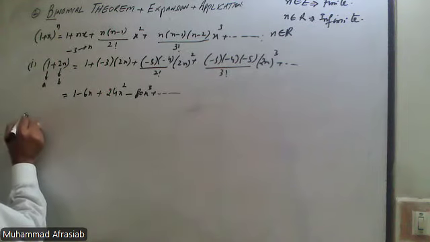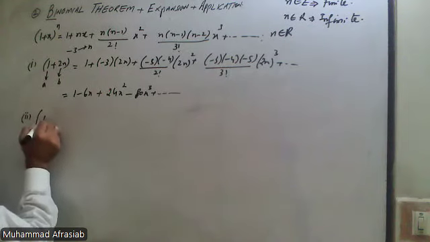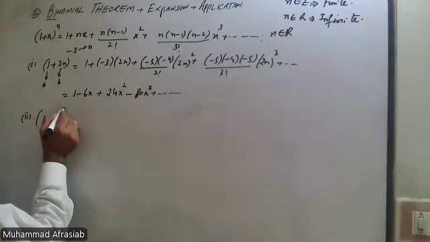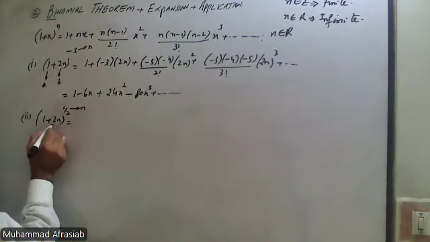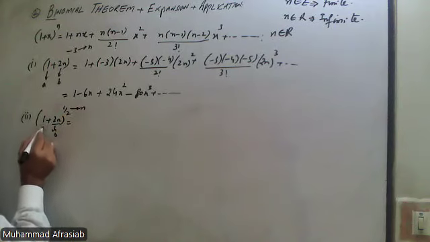Now we can use this as (1 + 2x)^(1/2). Here n is equal to half, this is b and this is a.